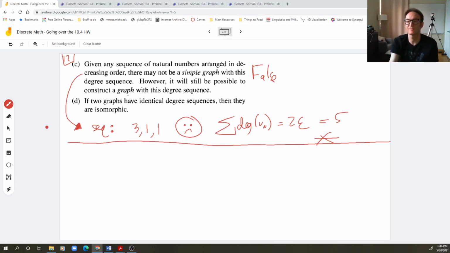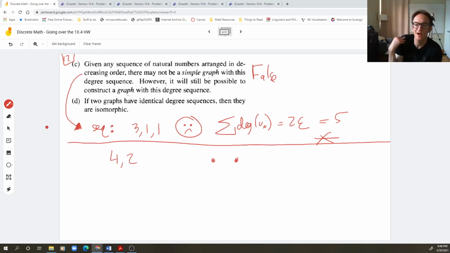Is there always a graph for this? Well, there's definitely not going to be a simple graph. For example, 4, 2 is just impossible. Because I can't have a simple graph with just 2 vertices where one vertex has degree 4. So if the answer is there always a simple graph, then no.